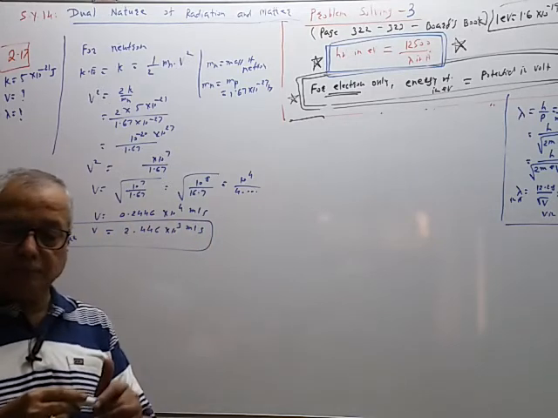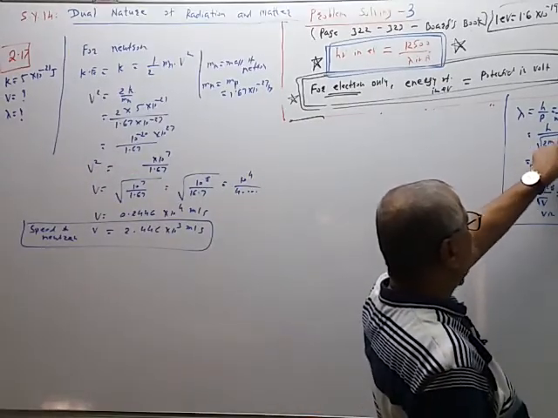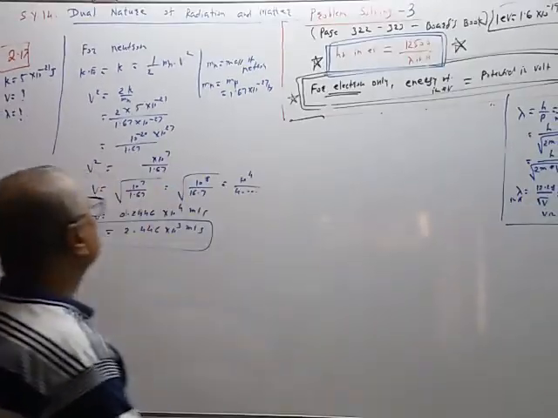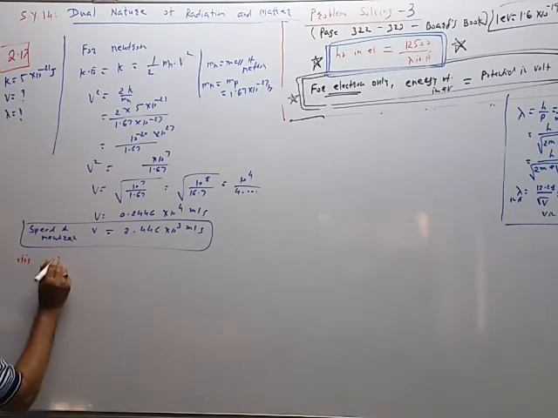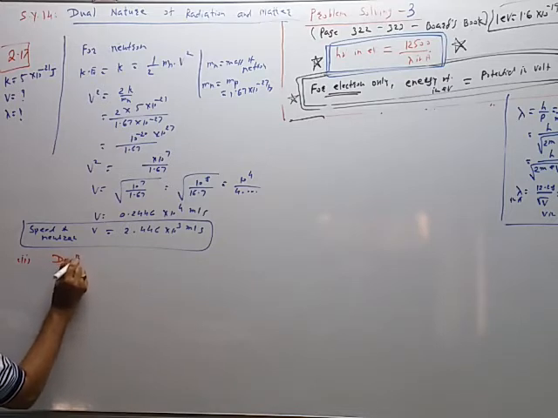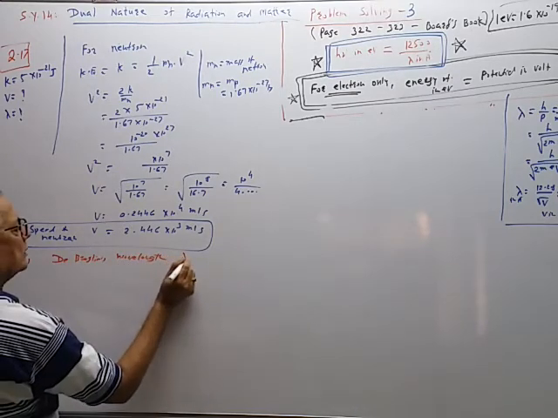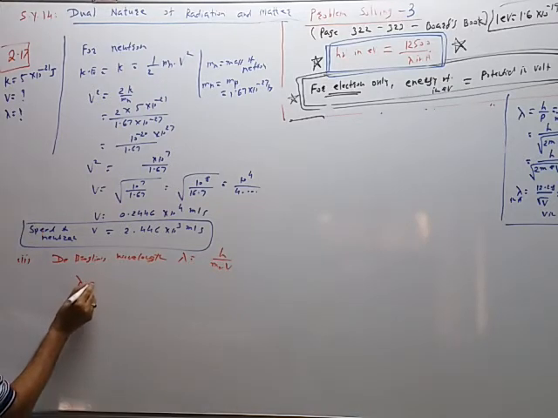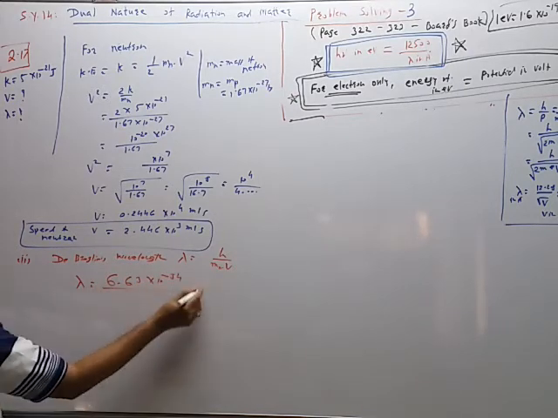Now lambda can be calculated either by using this value of kinetic energy or by using this speed. So now we know the speed, therefore we can use this formula. Second part, de Broglie wavelength lambda is equal to h upon mass of the neutron into velocity of the neutron. So lambda is equal to 6.63 into 10 raised to minus 34. It is a universal constant.